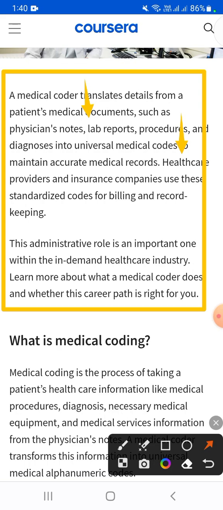Healthcare providers and insurance companies use these standardized codes for billing and record keeping. This administrative role is an important one within the in-demand healthcare industry. Learn more about what medical coders do and whether this career path is right for you.